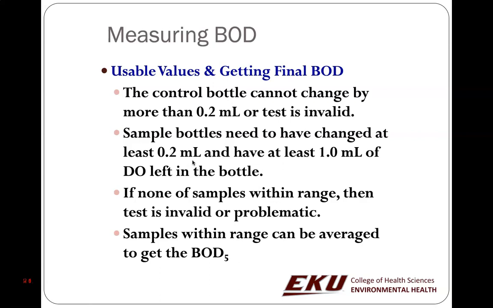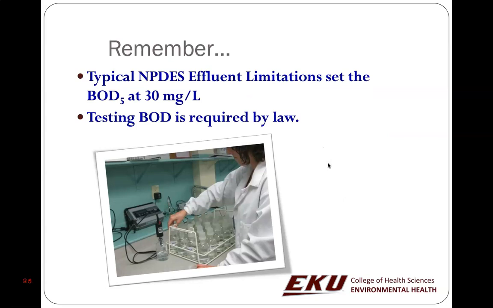The bottles that have effluent or diluted effluent also need at least 0.2 of change, and there should be at least 1.0 of DO left in the bottle, because the meters have some variability and noise in them, and once you start getting near 0, it may be your meter, not your actual DO. If none of the samples are within range, that is a problem. And if you've got multiple samples within range, you can average them.